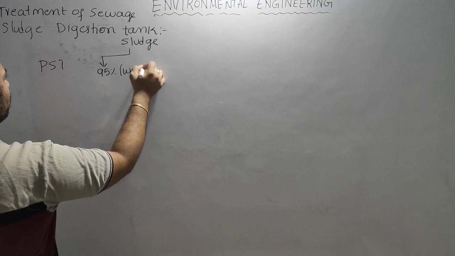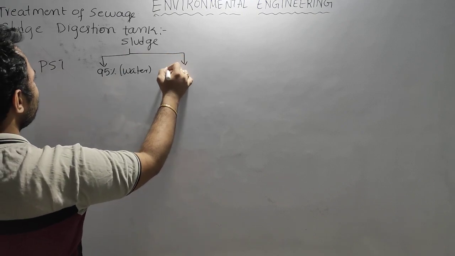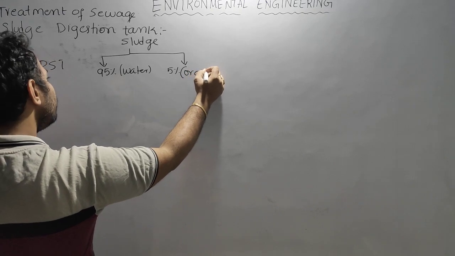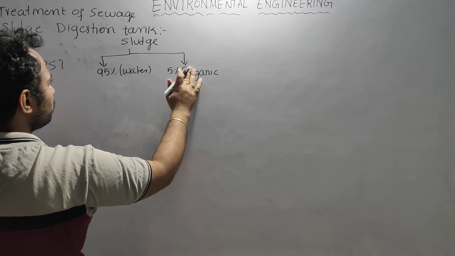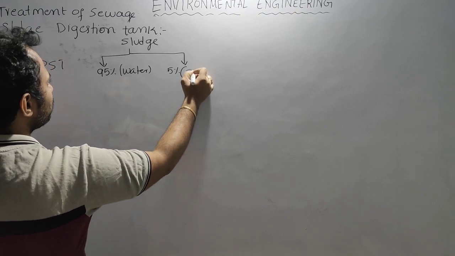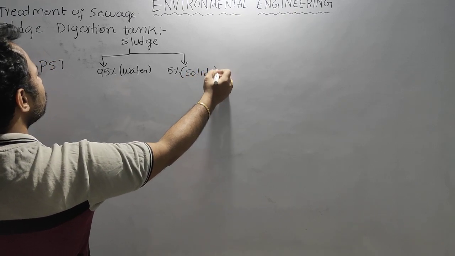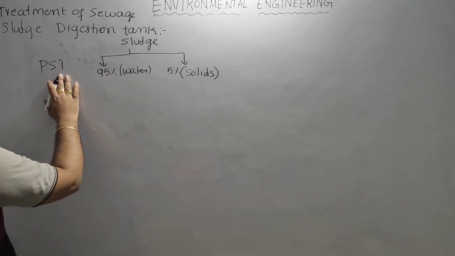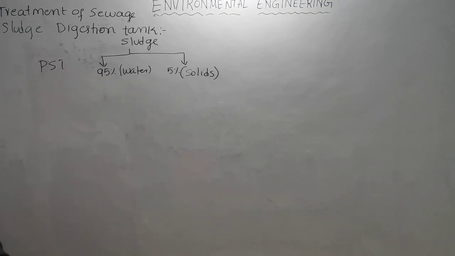So 95% is water and 5% is only the organic matter. Organic matter, solids, not only organic, inorganic matter will also be present, so we call this solids. So 95% is water, 5% is solid when it is from the primary sedimentation tank, because the quantity of the organic matter is more.